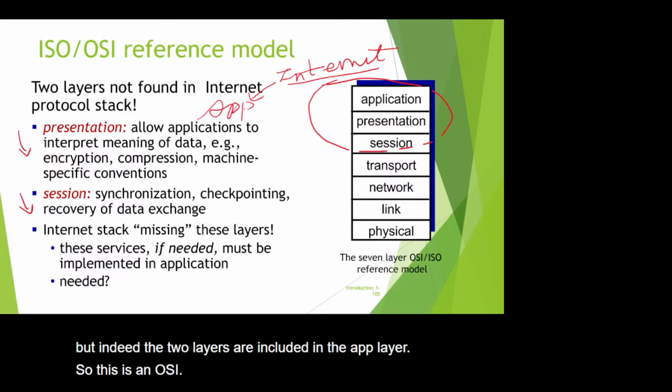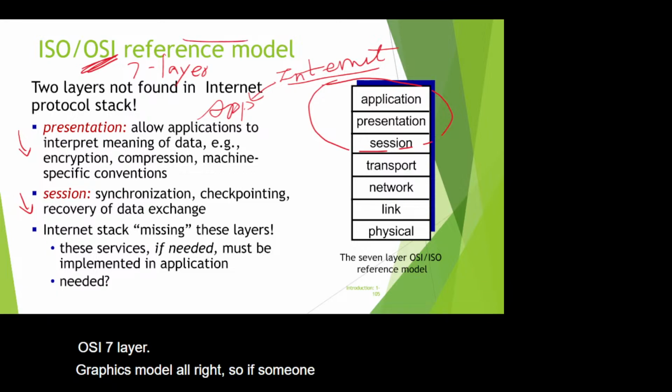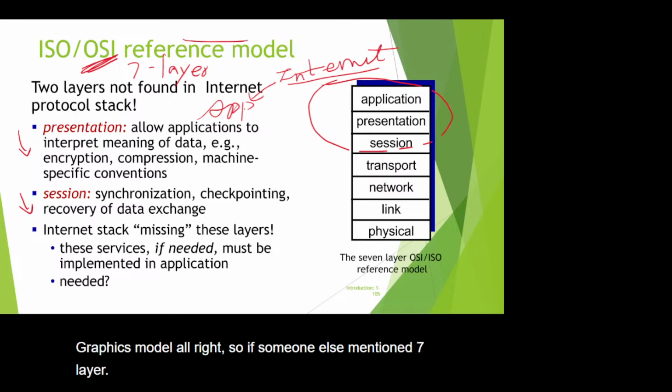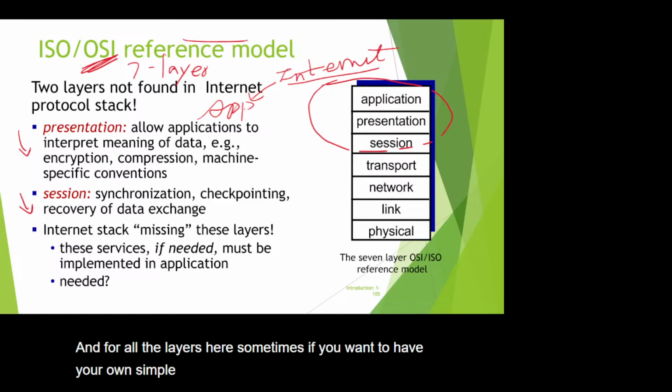So this is the OSI 7 layer reference model. If someone else mentions 7 layers, and for all the layers here, sometimes if you want to have your own simple implementation, can you skip some of the layers? Sure.